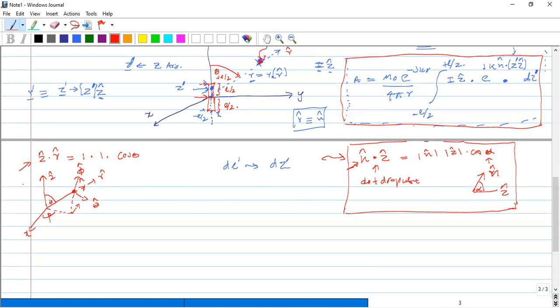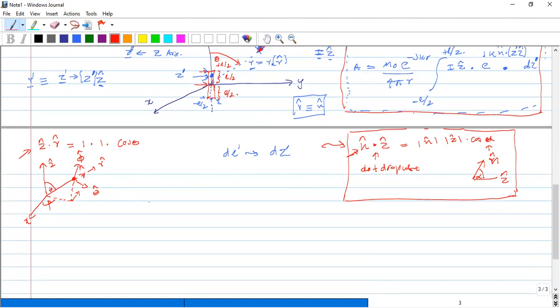Anyway, you already know the relationship. This point is in the far field.